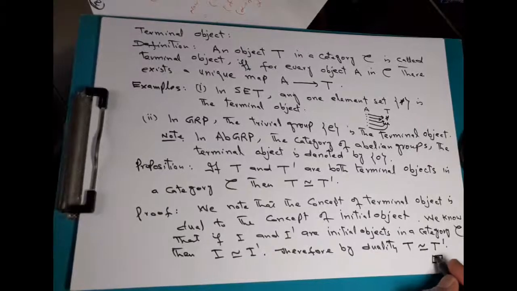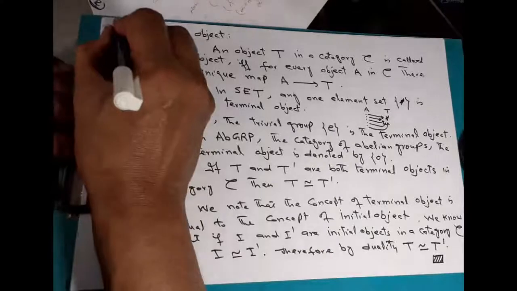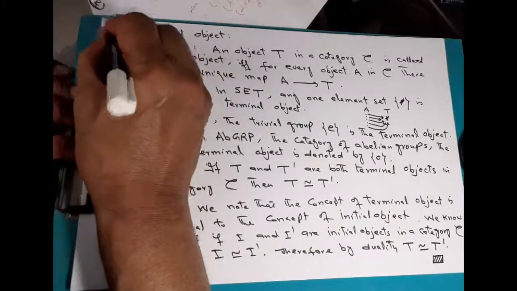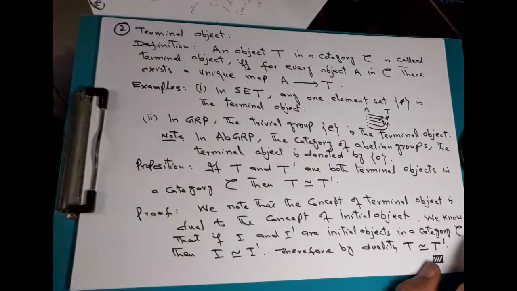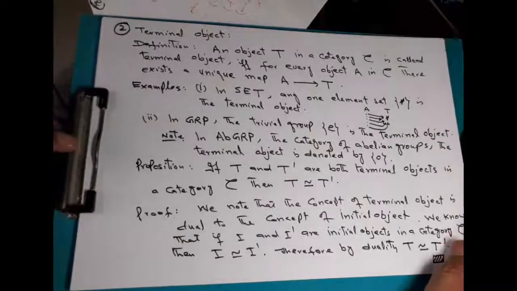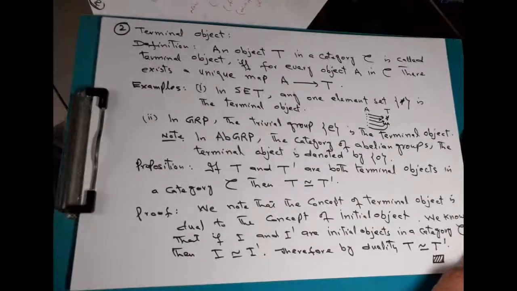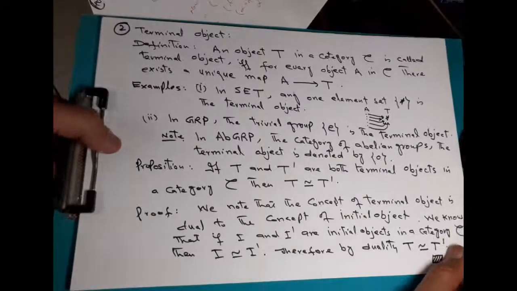So this is sufficient to say that since the concept of terminal object is dual to the concept of initial object, if there are two terminal objects in a category C, they are isomorphic as well.